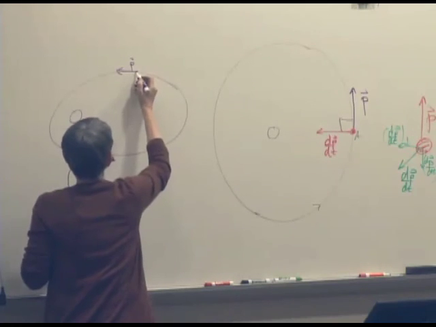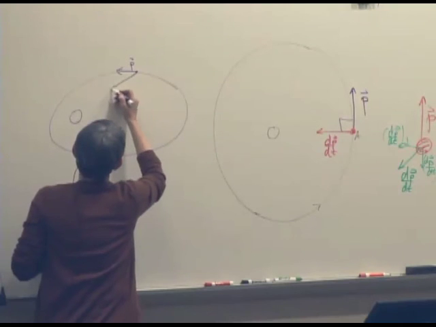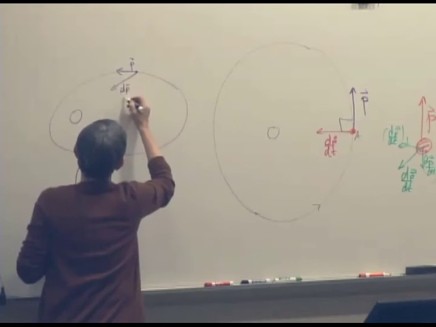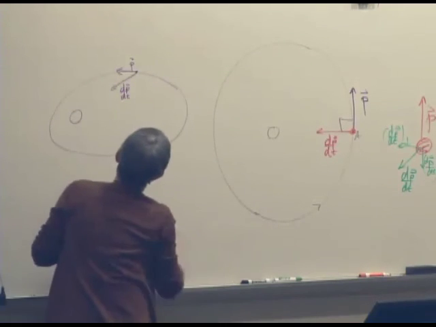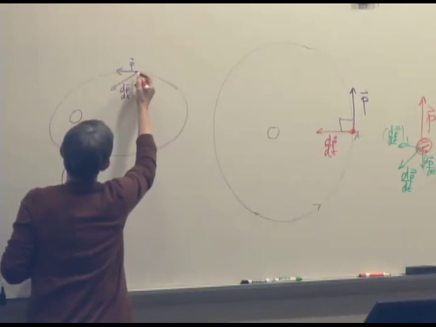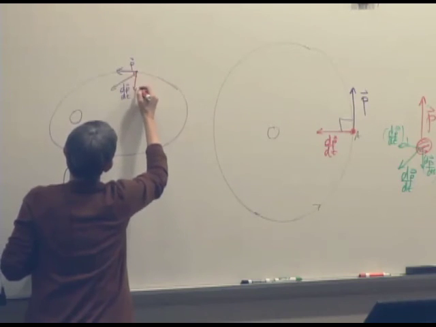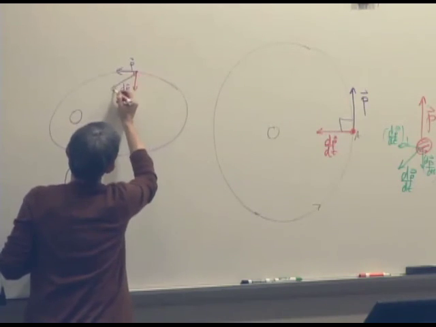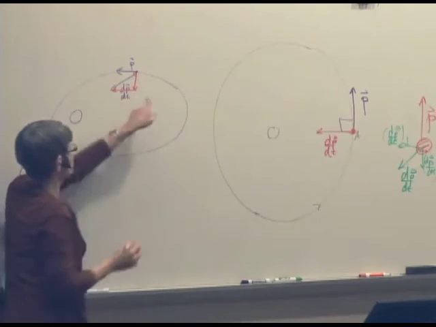The rate of change of momentum, not surprisingly, is the same as the direction of the net force. So here's dp dt, and we note that there's a component perpendicular to p, and we'd have to add a component parallel to p, so those would be the two components.